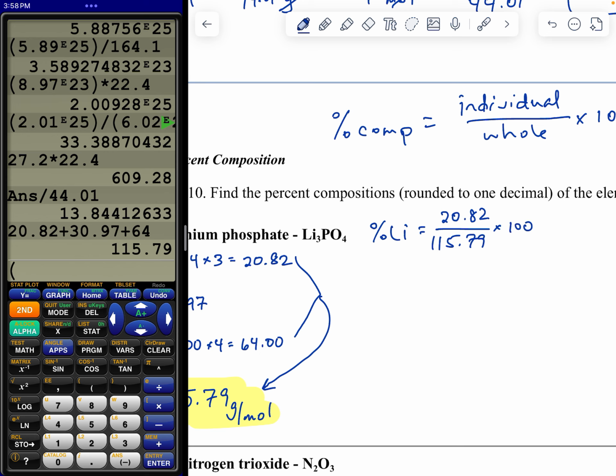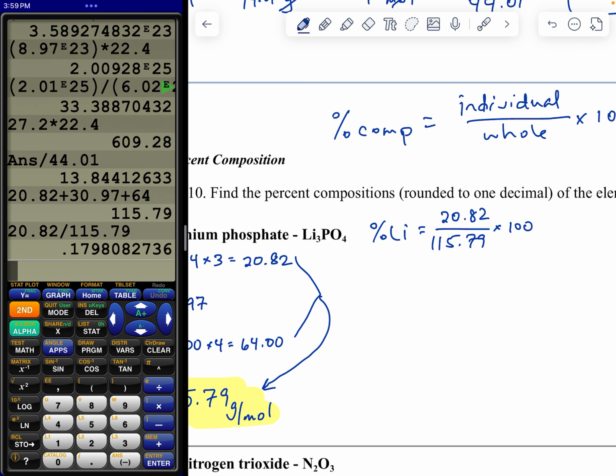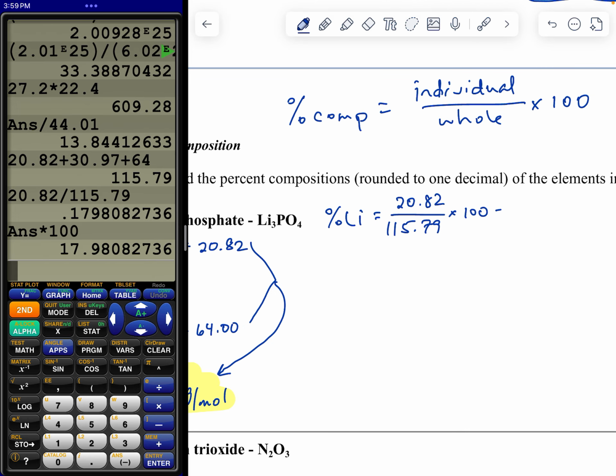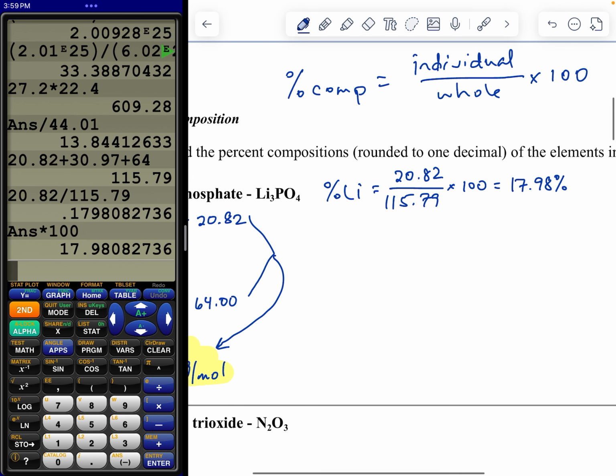Of course, in any percentage, we'll multiply by 100 to obtain the percent. Times 100, and you'll see that all we're doing is moving the decimal 2 places to the right. So we get about 17.98% there.